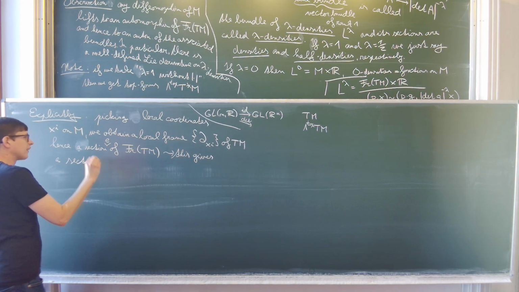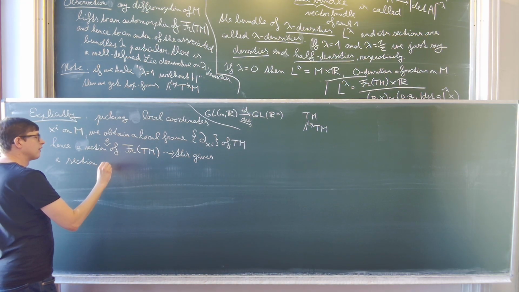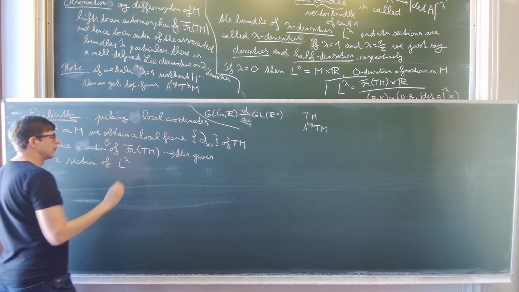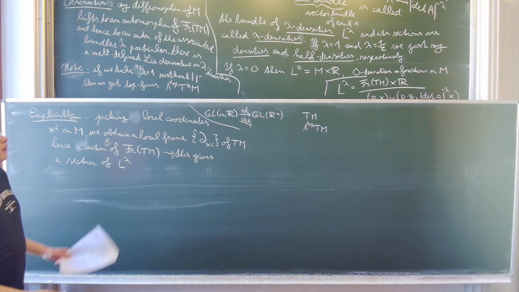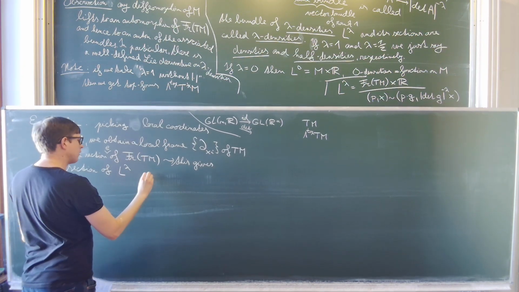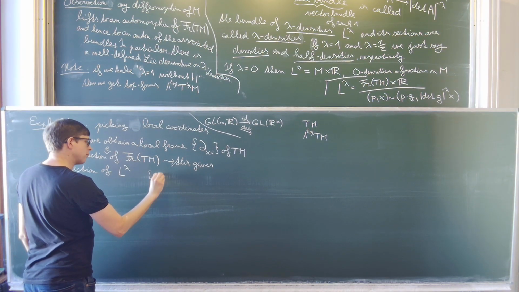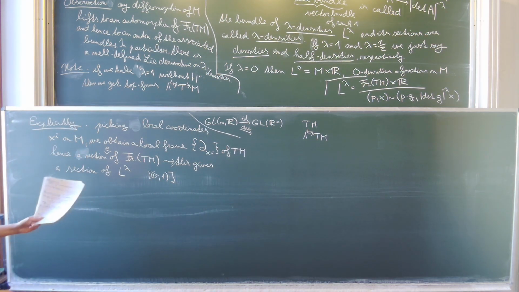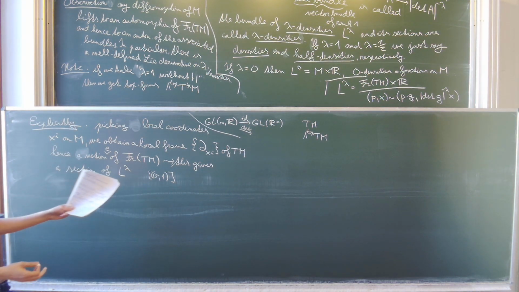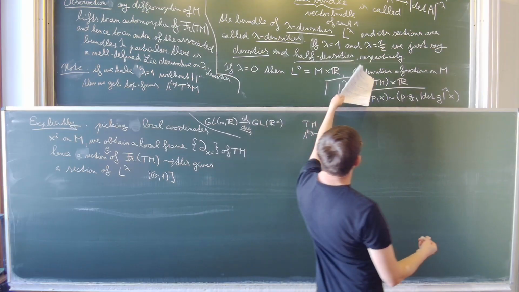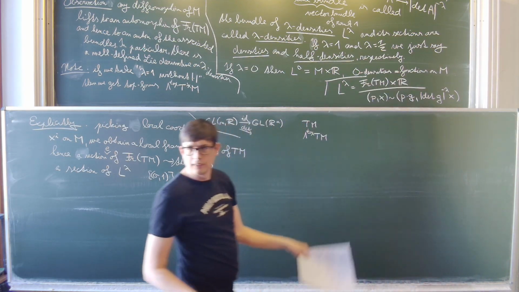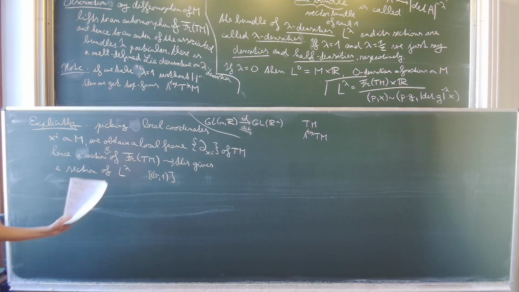Okay, so this gives a section of L lambda. How does that section look like? Well, in terms of that quotient, the section is simply this. At every point on the manifold, I have a section of this first thing, so I just multiply it with the element here, which is 1, and then I take the quotient, so the class.